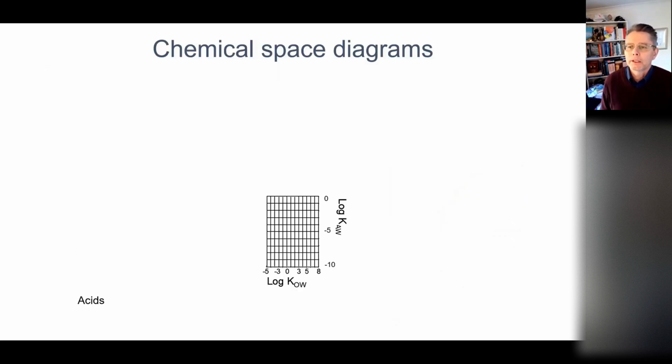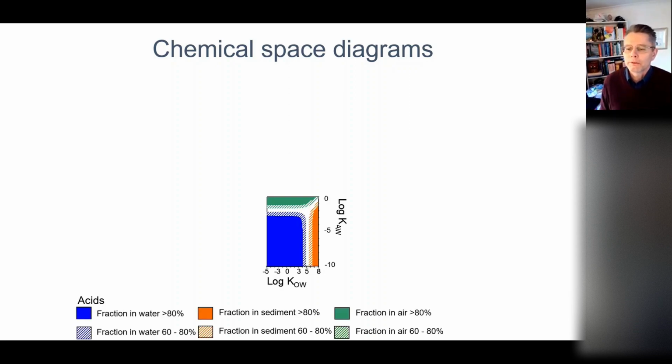In running this forward, I've taken an approach where you take hypothetical chemicals on a 1 by 1 log unit scale of log KOW and log KAW. You vary these and use them as input parameters into the model, and then you can pull out information such as how the chemical will be moved between the different compartments.